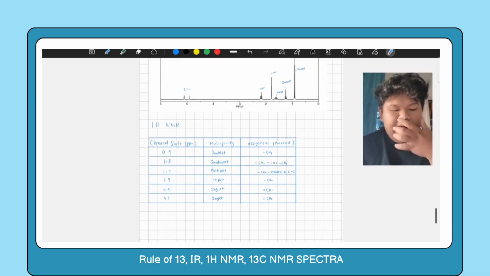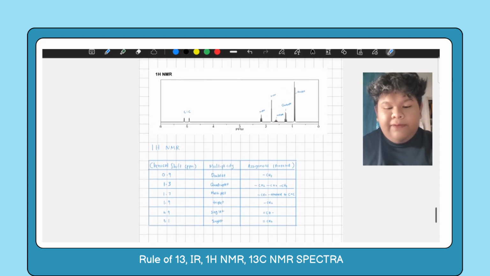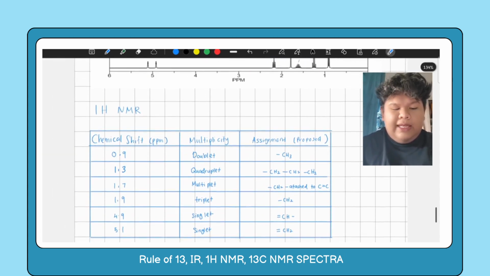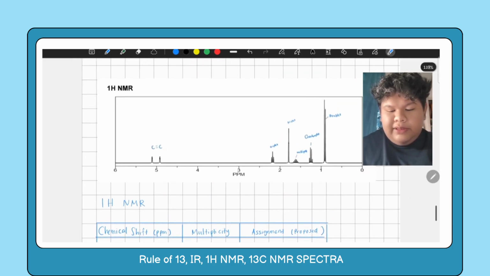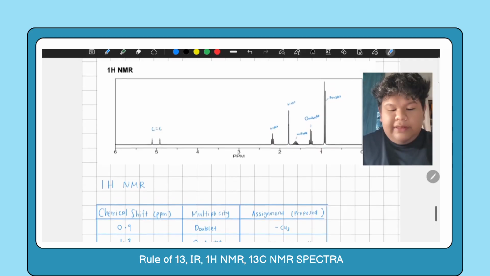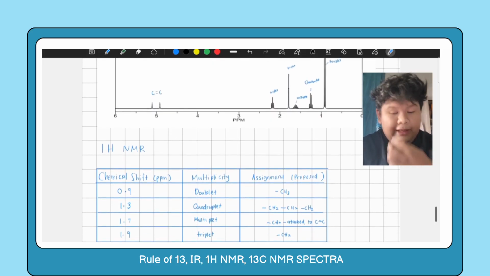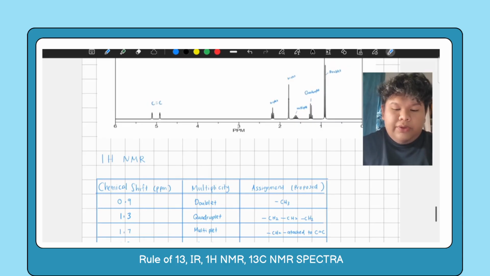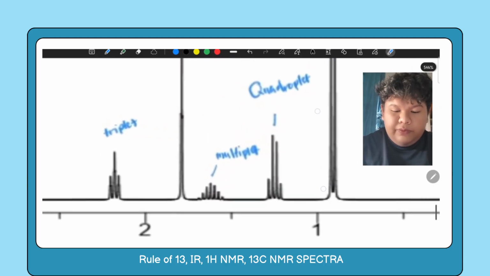Then we continue with the 1H-NMR. First we see the chemical shift at 0.9, which is a doublet. Then at 1.3, which is a quadruplet, as we see here.